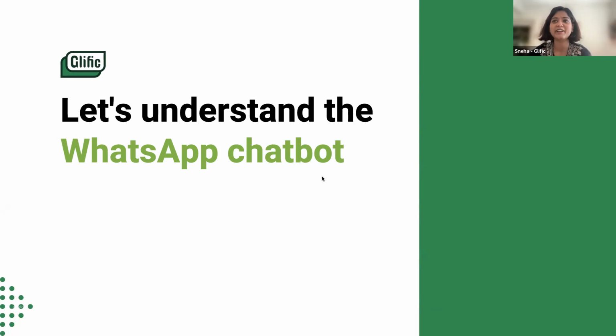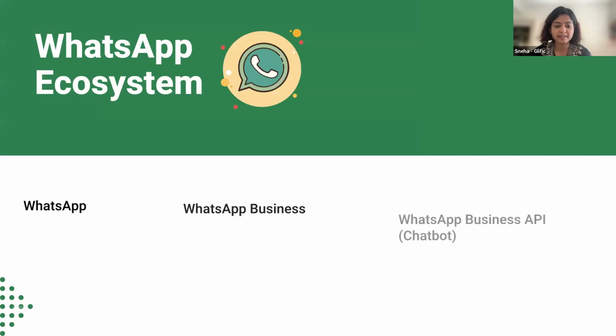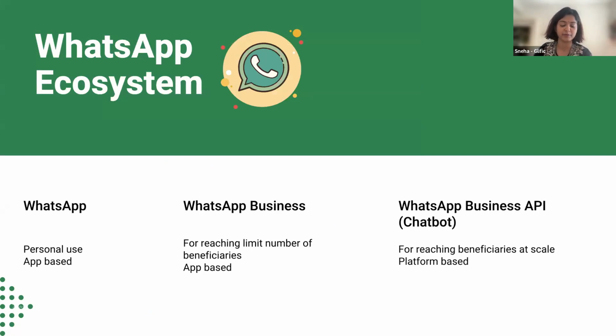I'm just going to skip going into the depth of it, but I'll give an overview as well. WhatsApp basically has three different types. One is the basic WhatsApp that we use on our phone. The next is WhatsApp Business, which is used by smaller organizations and entities, where one person is speaking to different clients or customers or users, but the control is just with one person, and it's an app-based service.